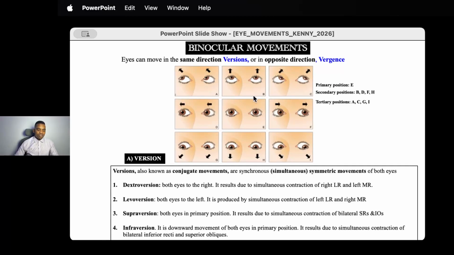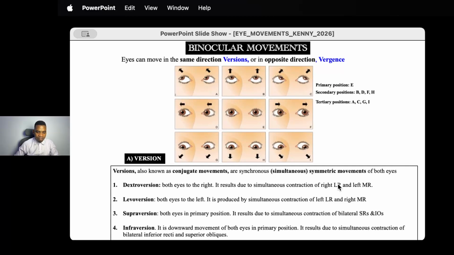But there's something also very important to notice, that when your eyes are looking straight forward, like when you are naturally looking forward, that is called the primary gaze. The primary gaze is when your eyes are looking directly forward, like that is the primary position of the eye. And we're going to discuss in a later discussion that all the muscles of the eye that are supporting the movement of the eye are acting together to keep your eyes in primary gaze.